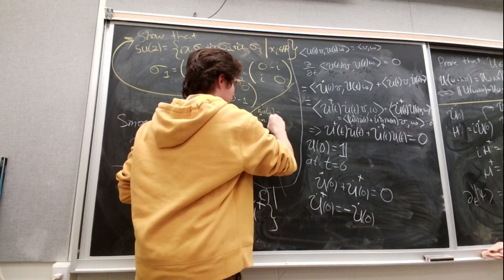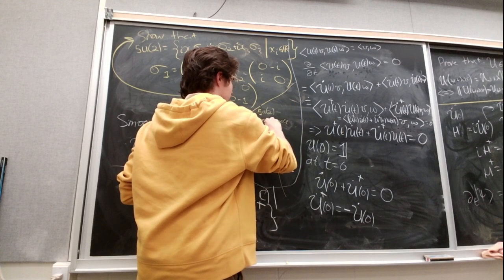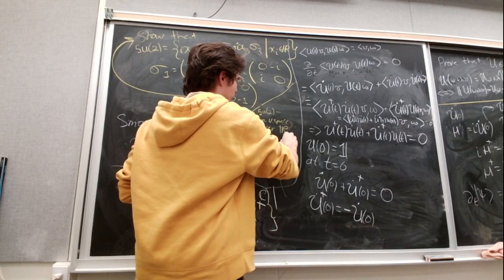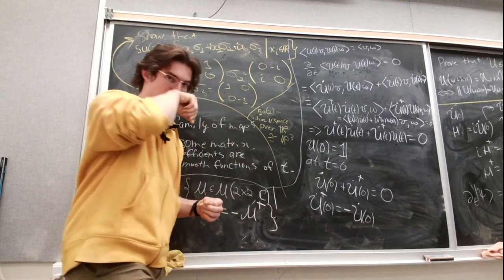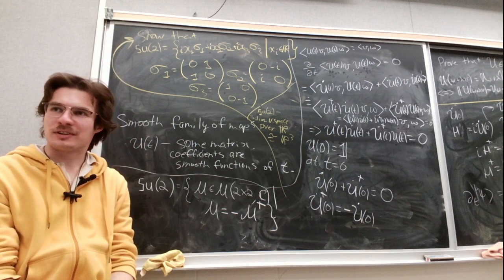So 3-dimensional vector space over R. So it should be, in some sense, isomorphic to R3. Do you agree? So what's the dimension of SU2 as a Lie group?